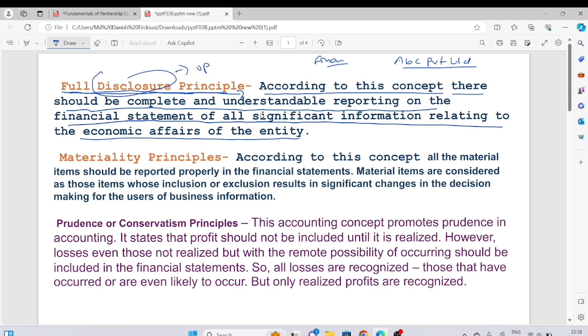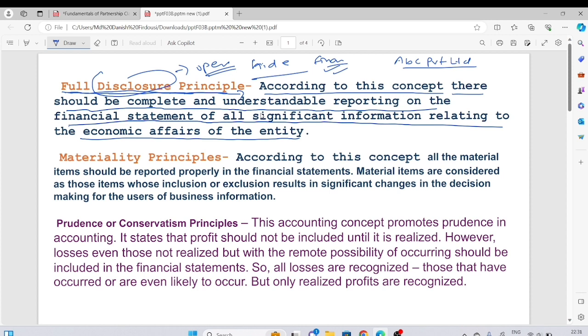Disclosure in the sense just like open, where you have to disclose all the information very clearly while preparing your financial statement. It means at the time of preparing financial statement, you need not hide any information related to the economic affairs or entity of the business.